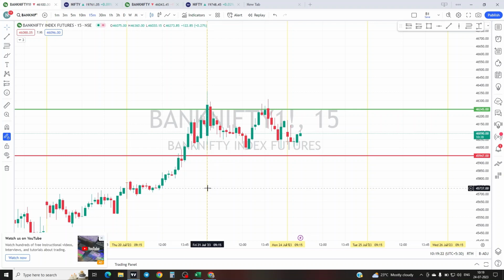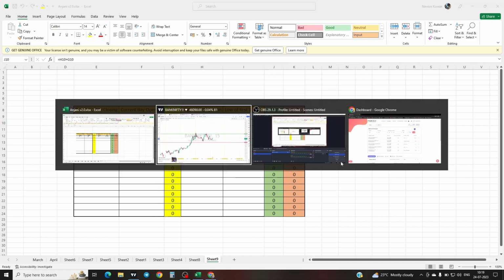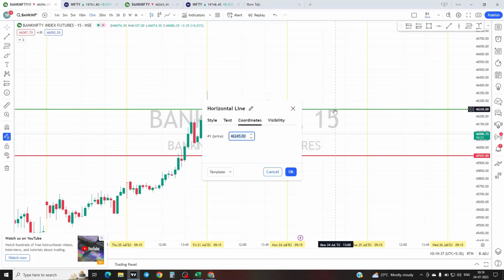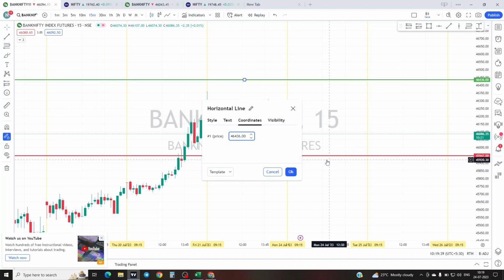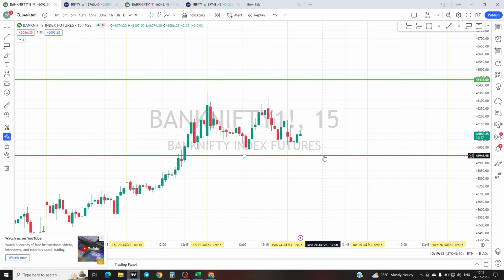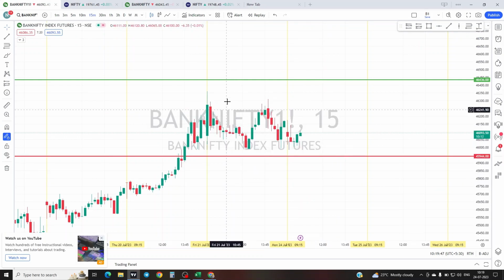And low is 46020. We got a value of 46436 for buy, and for sell 45944. So this was the buy and sell generated for 21st.